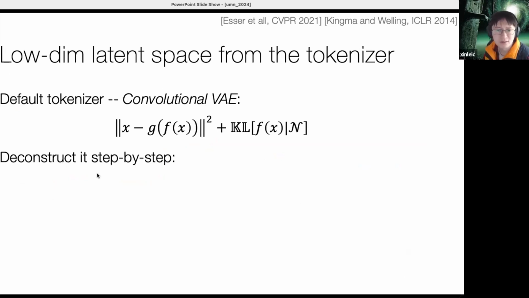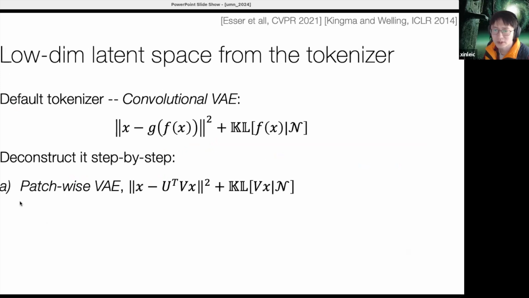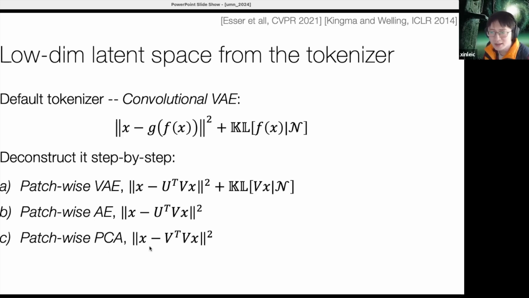We deconstructed it step by step. We have a patchwise VAE, moving from convolutional to per patch. We do a patchwise AE, removing the variational part. We do patchwise PCA, further removing the weights, so now it's a shared weight for the projection and the inverse projection.